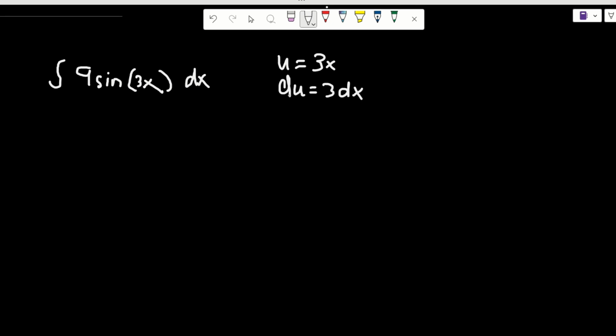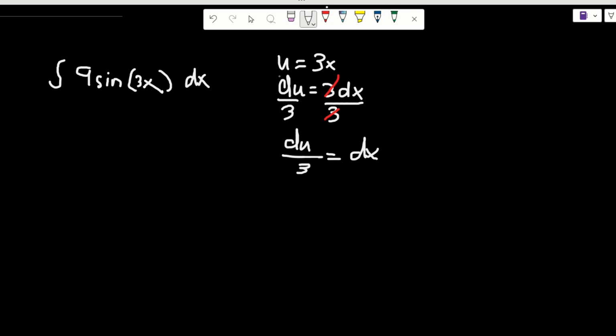Now we find the value of dx. Divide both sides by 3 to cancel, so we have du over 3 is equal to dx.